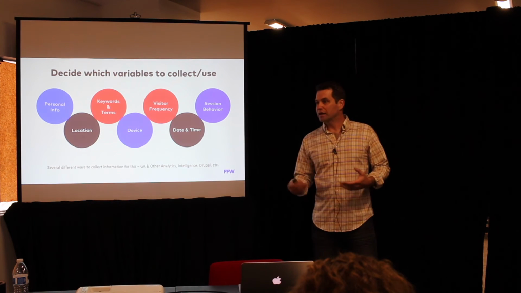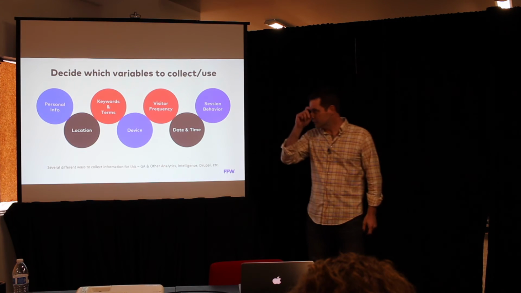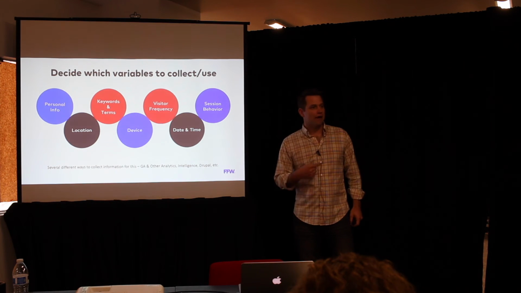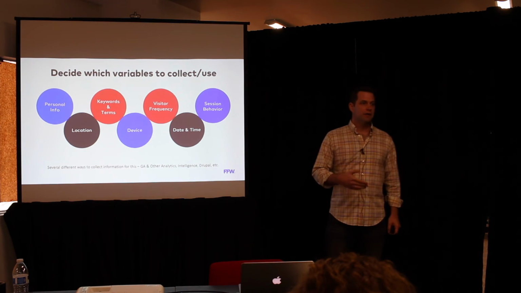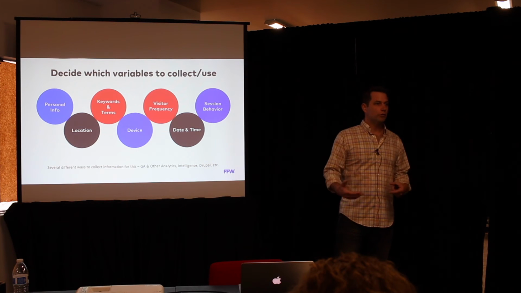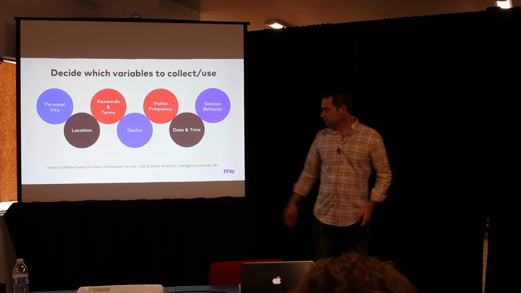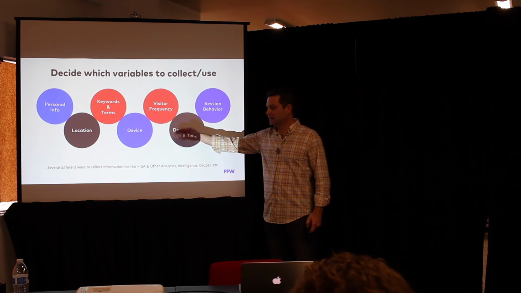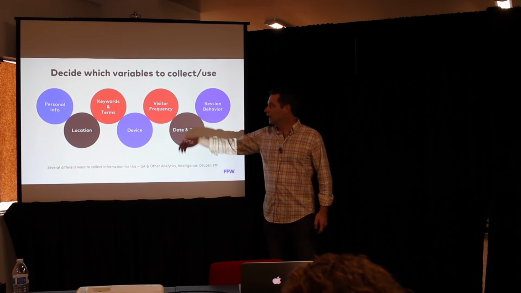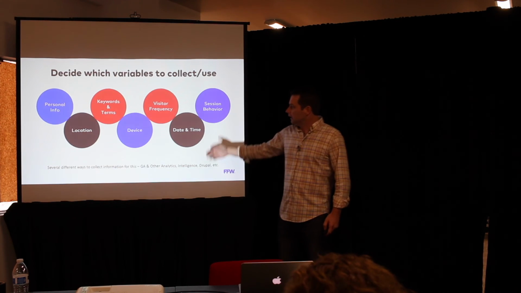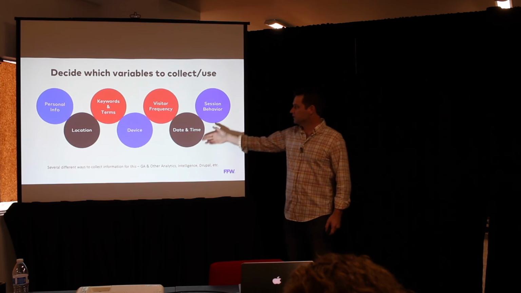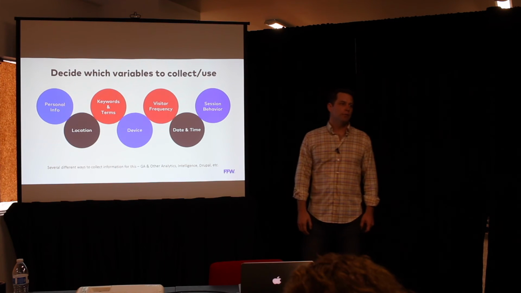In the conversation I was having with him, he started talking about finding ways to personalize these loyalty programs even further for users, right? It's looking at things like the devices that they're using and the frequency. Obviously, you can collect variables like date and time that might help you personalize your website.